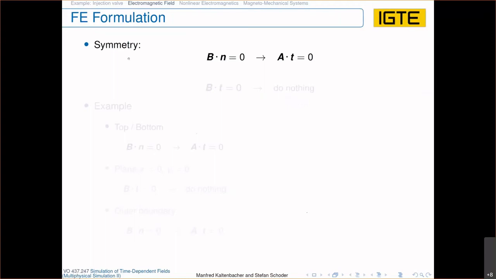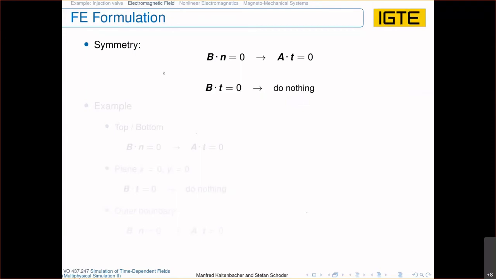And along a symmetry plane or surface, it can also be the case that the normal component of the magnetic flux density is equal to 0. Okay, so in this case, we already know what we have to do for the magnetic vector potential.